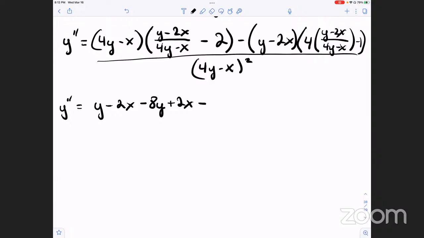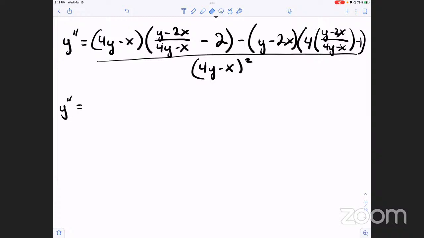Oh, you know what? We can multiply by 1 in the form of 4y minus x, and that will get rid of those fractions. So instead of distributing, I'm going to multiply by 1 in the form of 4y minus x on top and on bottom. All right, so let me back up. Let me get rid of this. So again, I'm multiplying by 1 in the form of 4y minus x on top and bottom.